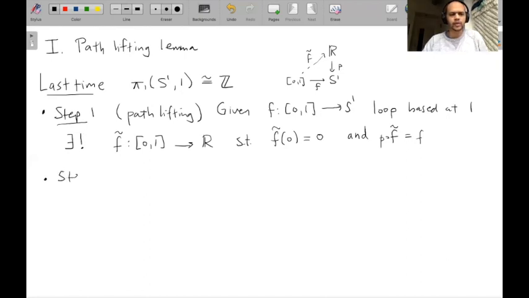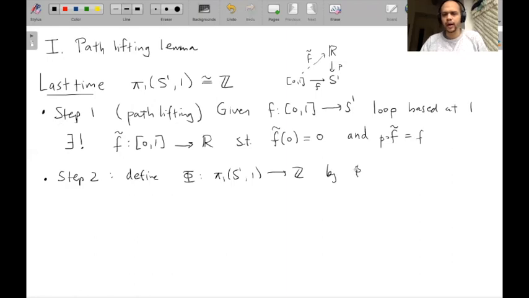So then step 2 was to use this map to define a homomorphism. So define phi from the fundamental group of the circle to Z by sending a homotopy class of f to the lift of f at 1.